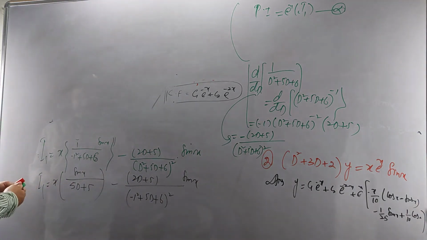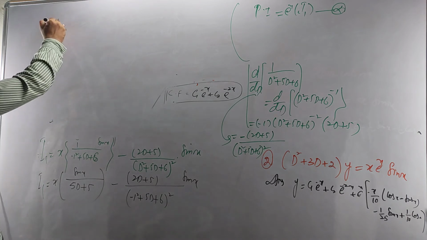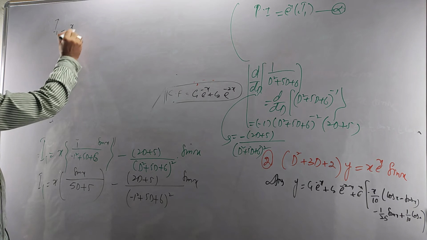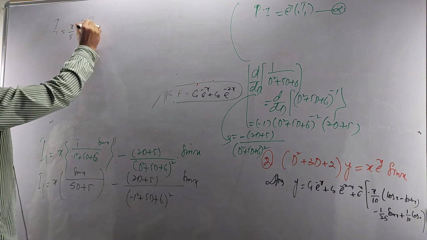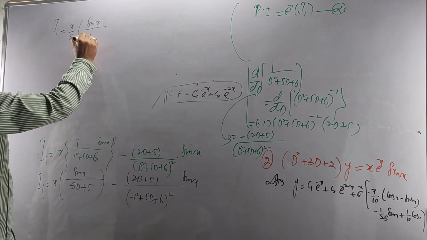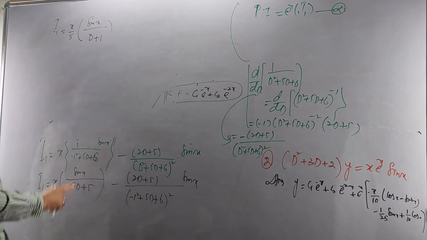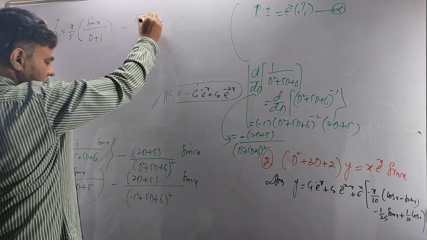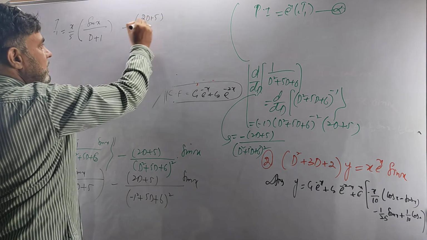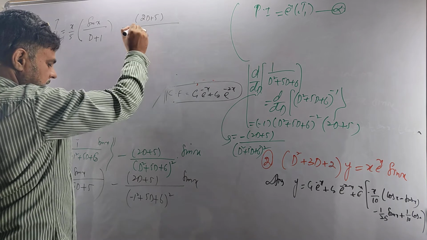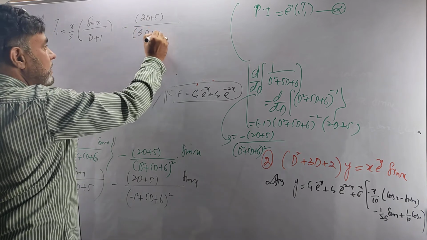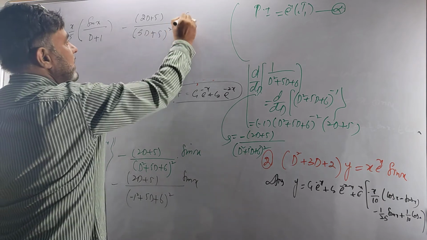Now this will be I1 is x by 5 sine x by d plus 1. I took 5 common here. Well, this is minus (2d plus 5) by (5d plus 5) square sine x.